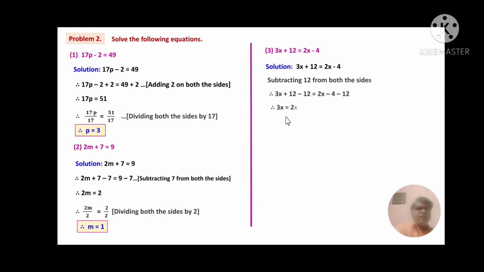So friends, 3x will be equal to 2x minus 16. Now we will remove this 2x from the right hand side. So subtracting 2x from both sides, you are getting 3x minus 2x is equal to 2x minus 16 minus 2x. So here 2x cancels, and from 3x minus 2x, it is x is equal to minus 16 is the solution of the given equation.